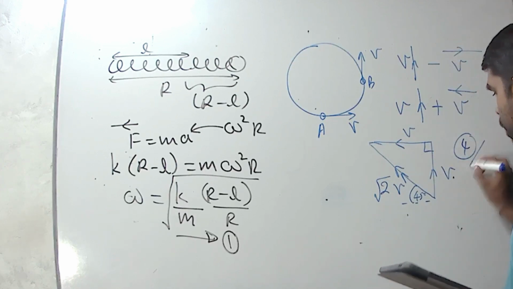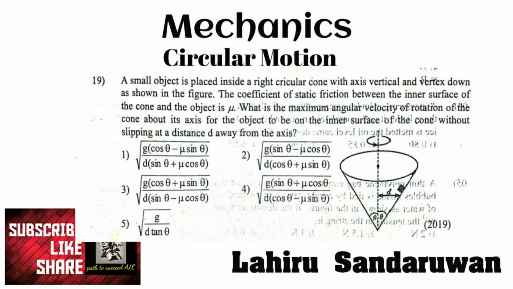Then the answer is 4. A small object is placed inside a right circular cone with axis vertical and vertex down, as shown in the figure. The coefficient of static friction between the inner surface of the cone and the object is mu.